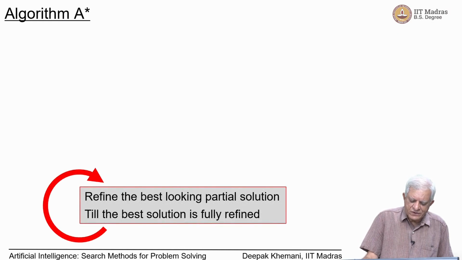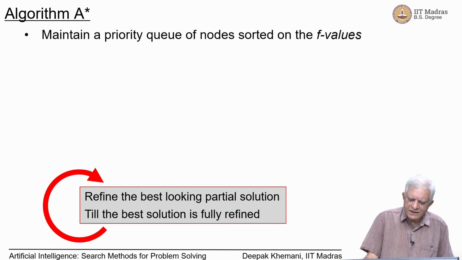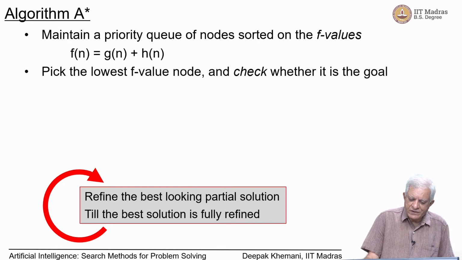The algorithm is going to follow the same strategy that we have been talking about: refine the best looking partial path till the best solution is fully refined. Maintain a priority queue of nodes sorted on their f values, where f is equal to g plus h for every node. Pick the lowest f value node and check whether it is the goal. That is our good old strategy.